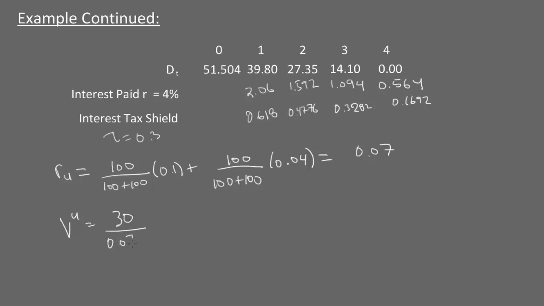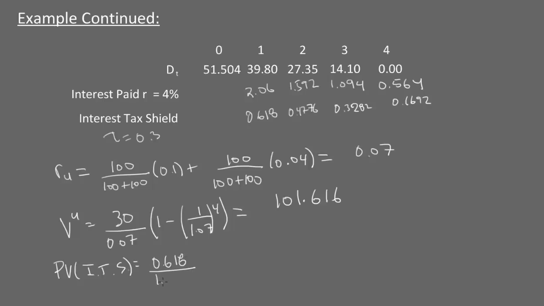So it's again our annuity formula, this time with 7%. That gives us 101.616. So now we need to calculate the PV of our interest tax shields. That would be 0.618 divided by 1.07, plus 0.4776 over 1.07 squared, plus our third interest tax shield discounted for 3 years, and finally our fourth.